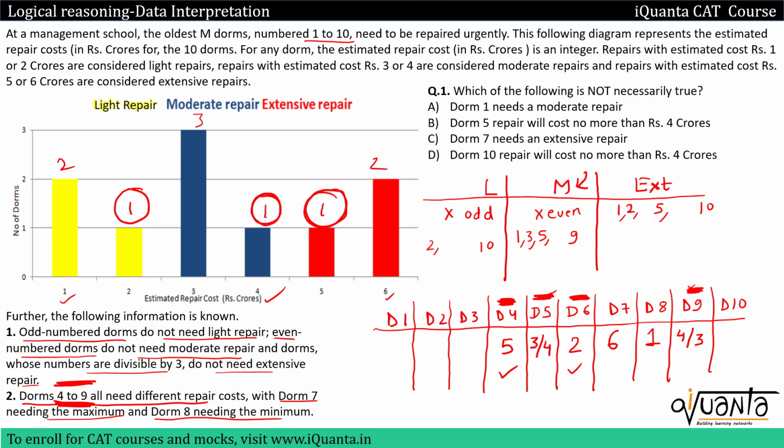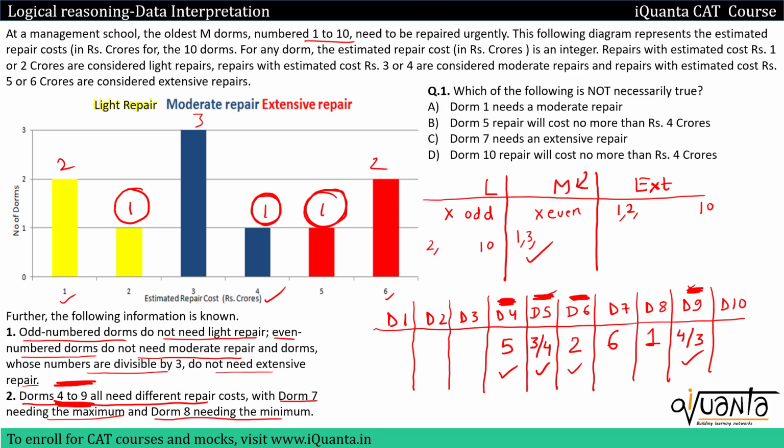So now since everything is fixed for dorm 5 and dorm 9, they can have only repairing cost of 3 or 4 crores. I'll be removing 5 and 9 from everywhere. So 5 will be removed from here, 5 will be removed from here, 9. So these are the dorm numbers I'm left with. So we are left with 1 and 3 in this moderate repair.